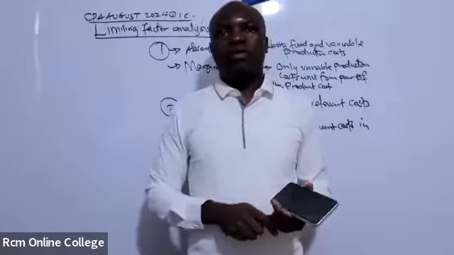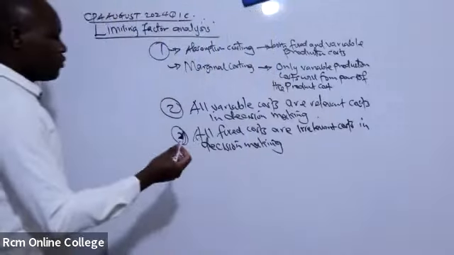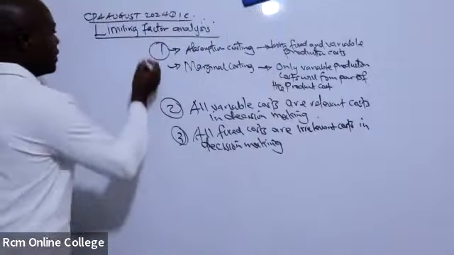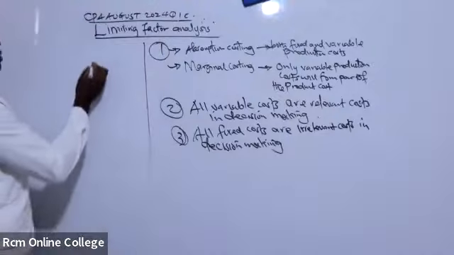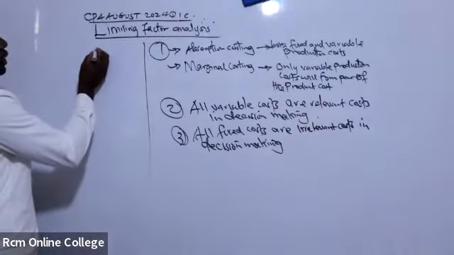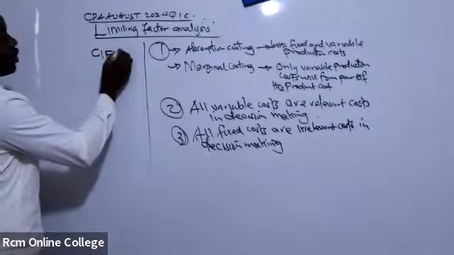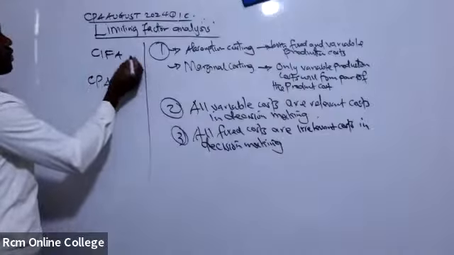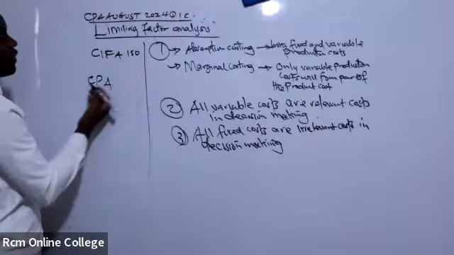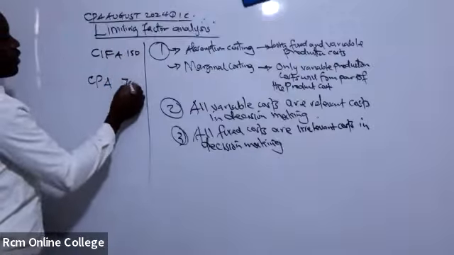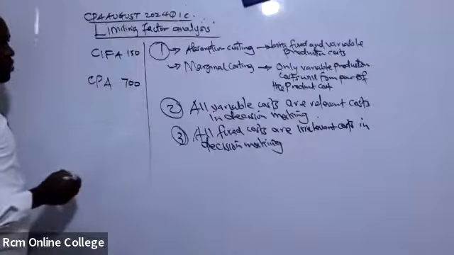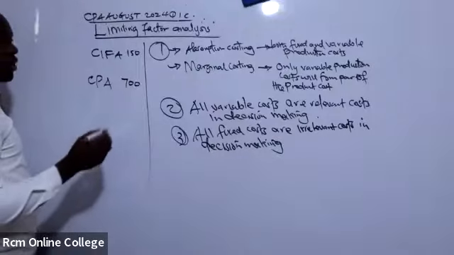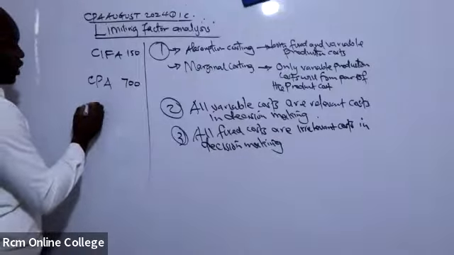Is that okay? For example, if RCM was to offer maybe, let's talk about a CM unit, right? And a CPA unit. So CM, maybe RCM has got 150 students, but for CPA, RCM is having 700 students for a unit in CPA. So if they were to, and they only have one lecturer, right?